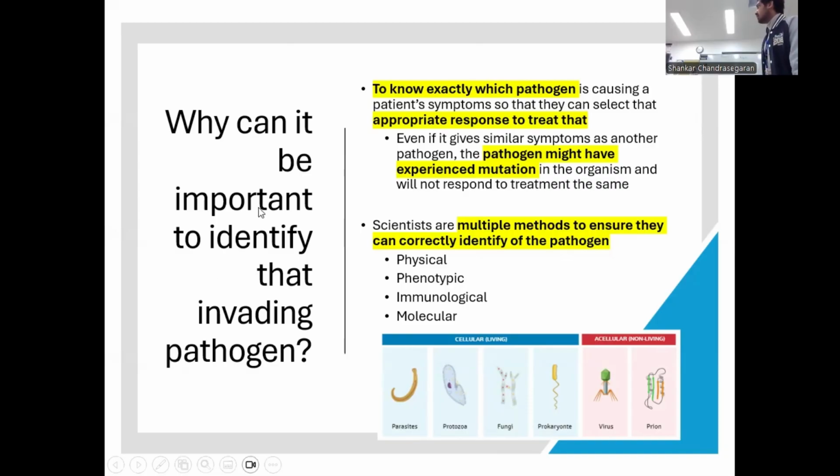So why is it also important to not assume we know the pathogen? Because something that can happen is that it can be very similar to a different pathogen, but due to mutation, it might have changed slightly in a way that it either increases its virulence or its contagiousness, right?